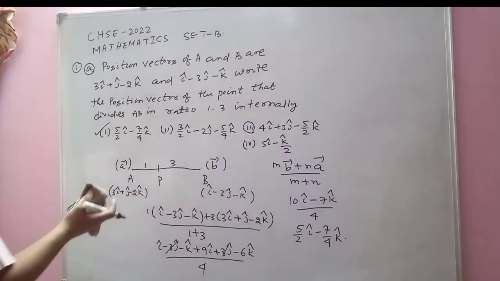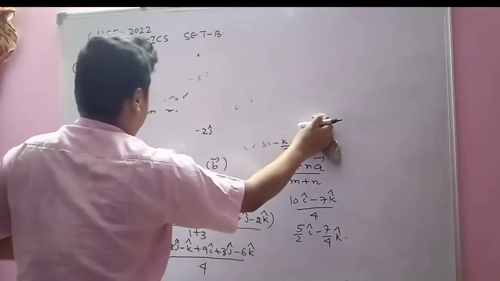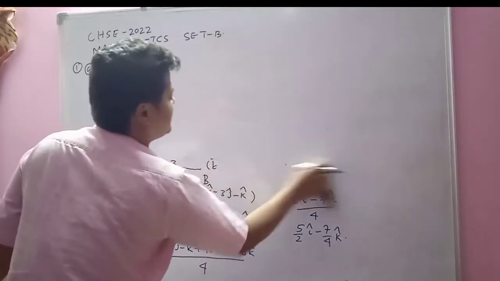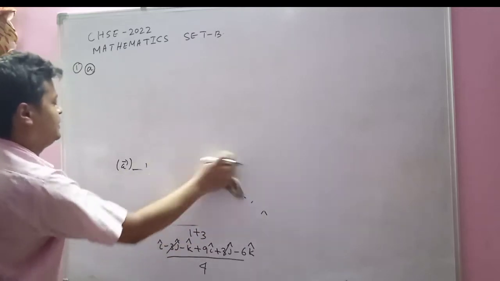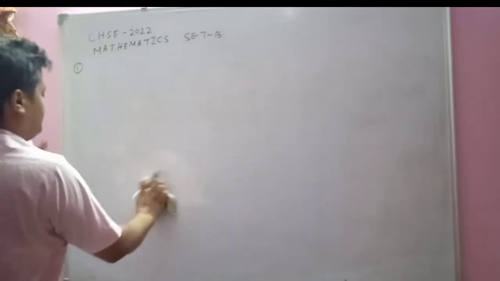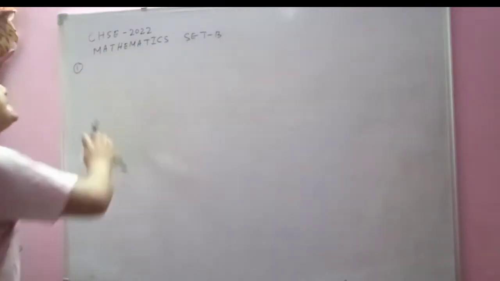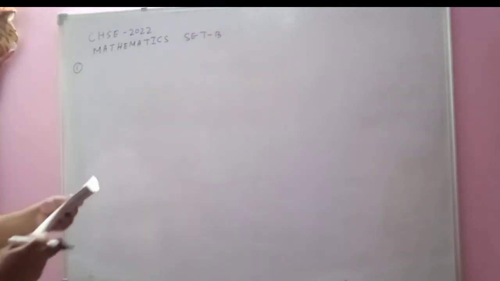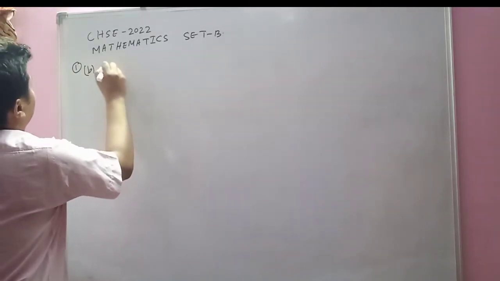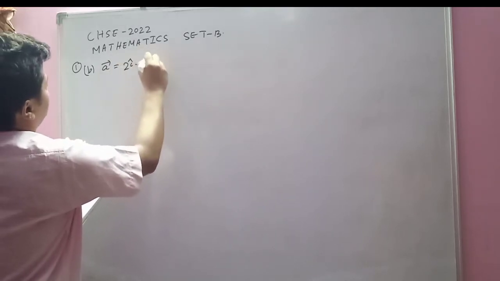Now next come to question number B. A bar equal to 2i cap plus 3k cap.